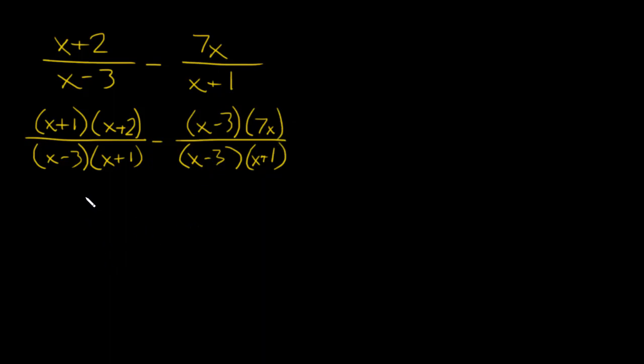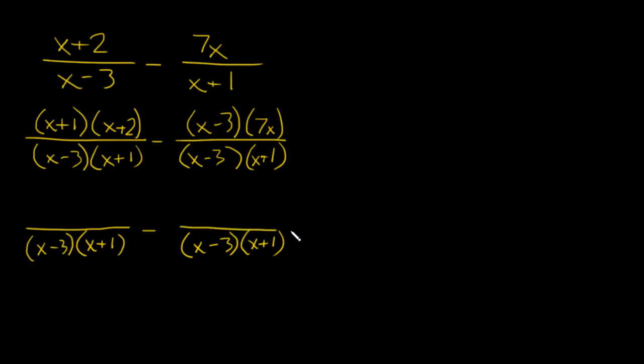Alright, so here we go. I now need to adjust all of the tops, but before I do that, I'm going to copy down my denominators here. So I've got that one, and then this one. Alrighty. And so, let's distribute. We're not FOILing, we're distributing. So I'm going to do x times x, x squared, x times 2, 2x.